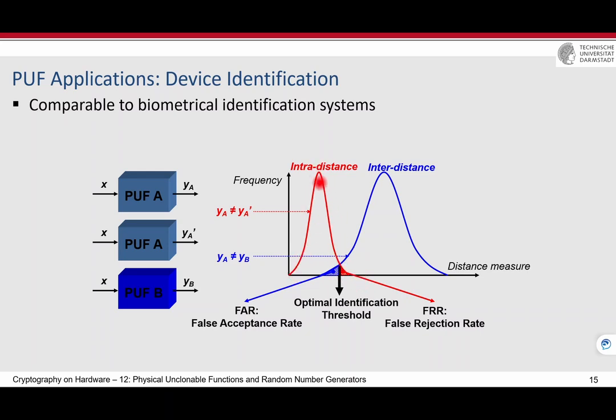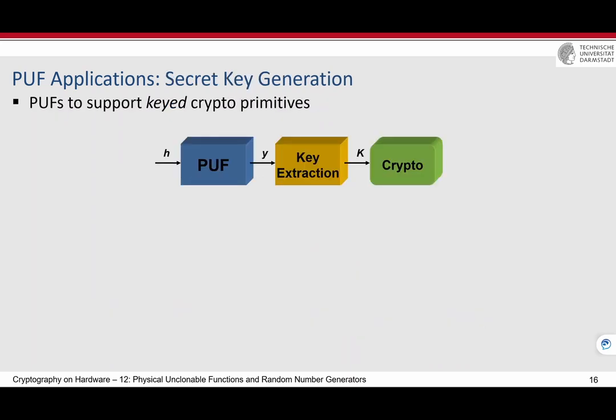We would love to have the intra-distance close to the y-axis, meaning that a distance of 0 has the highest frequency. But if you look at the point where these two curves cross each other, this is the optimal identification threshold. This is what I already explained.